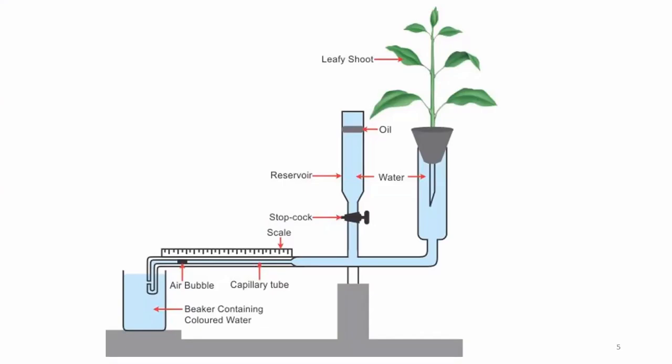Ganong was the scientist who invented this apparatus, therefore we call it the Ganong's Potometer. When you are writing this name, please consider the spelling, potometer, not photometer. And this is the Ganong's potometer setup.